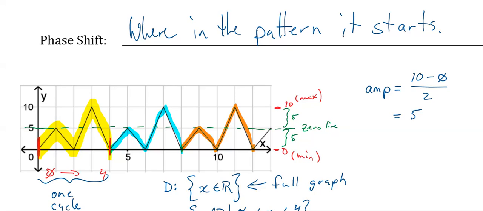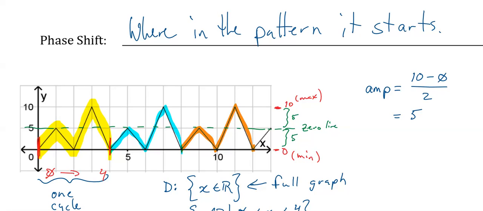Does that make sense? So if you were doing domain of one cycle, you have to make sure you pick wherever you want to start it. If there's a clear starting at 0, you might pick that, right? But pick a clear place that starts. Make sure you go through one full pattern, one full cycle, and get to the same height. And then that's one cycle length, and you could use that for your domain.